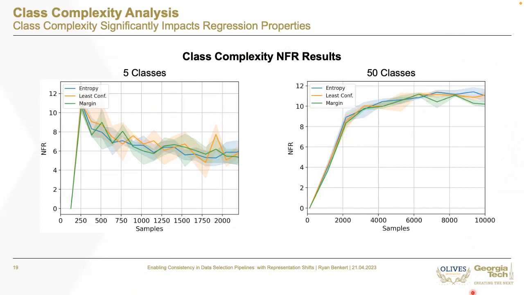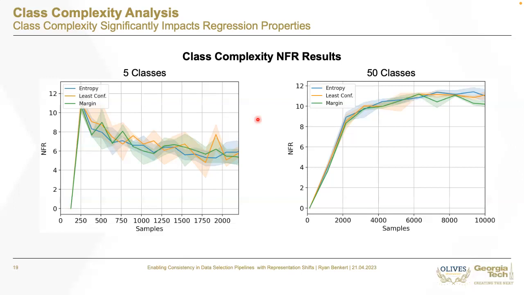So there's a really big difference in terms of class complexity. And what's interesting is on the left side, you can see that NFR drops over time. That's the expectation that I just mentioned. If we add more data samples, the representation becomes more accurate, it becomes less dynamic, we have a higher consistency.